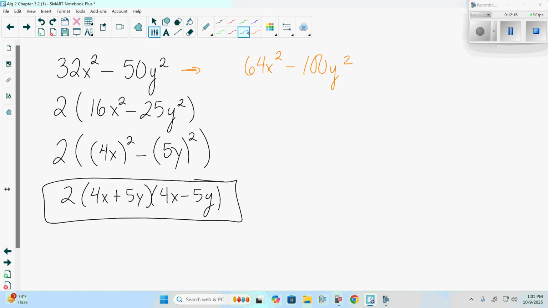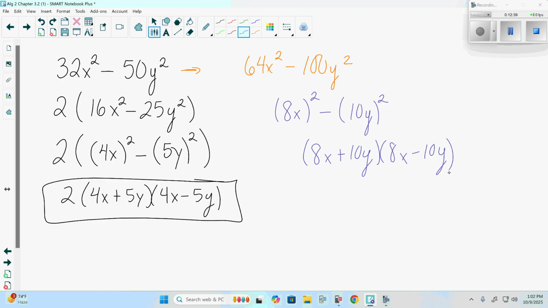Can I take the square root of 64? Well, yeah, square root of 64 is 8x squared, minus 100y squared would be 10y squared, which will tell us that we have 8x plus 10y times 8x minus 10y. It still works because the greatest common factor is a perfect square. Does that make sense?